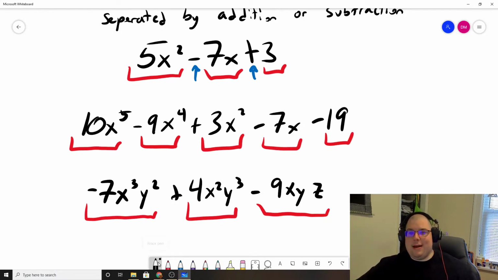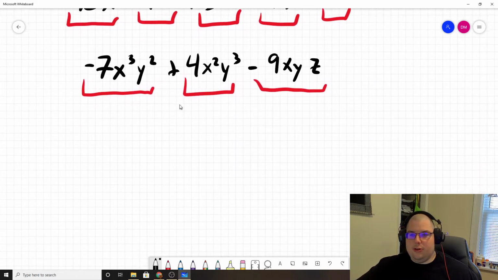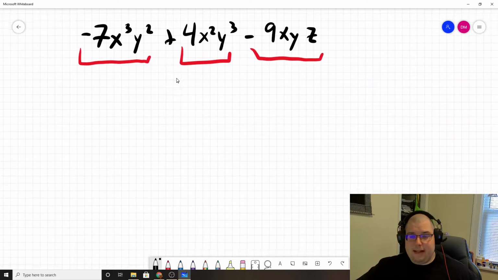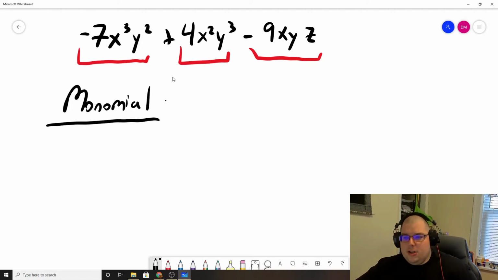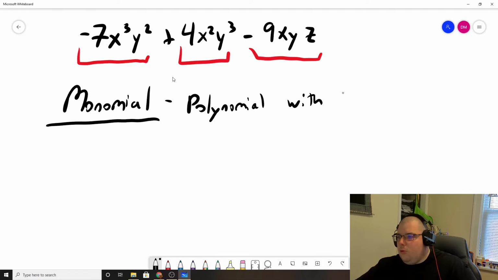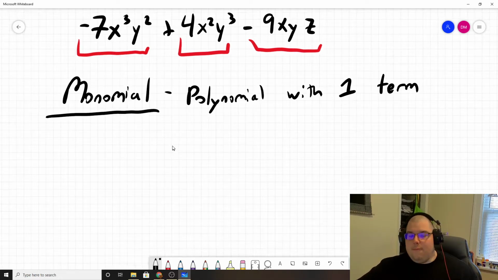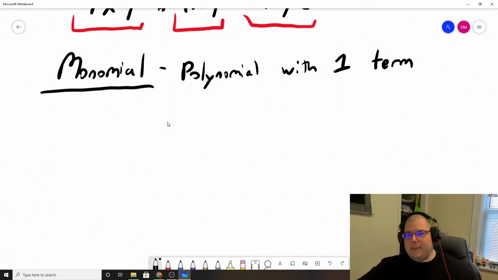Now, talking about terms leads us to another topic of just names of polynomials. So monomial is the name for a polynomial with one term. Mono meaning one, monomial, a polynomial with one term.